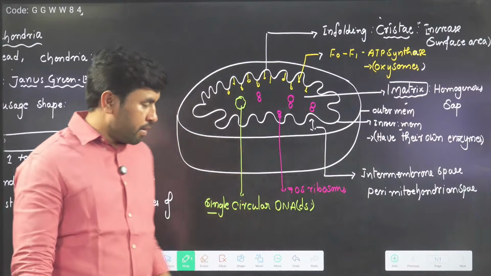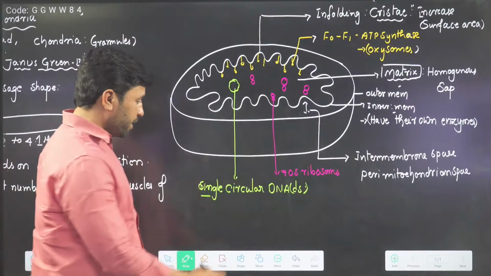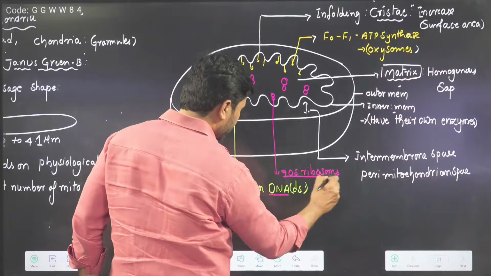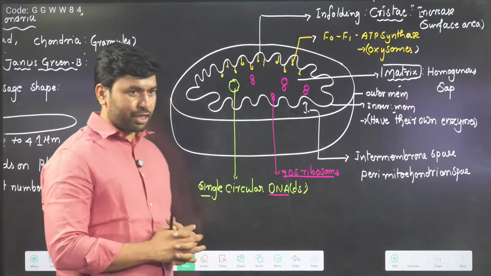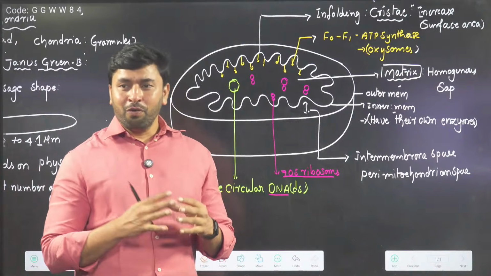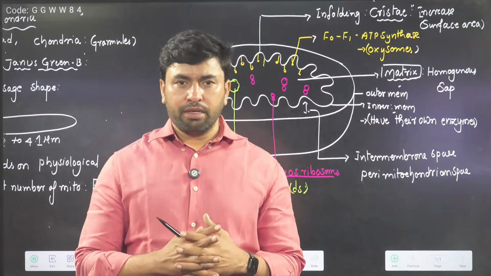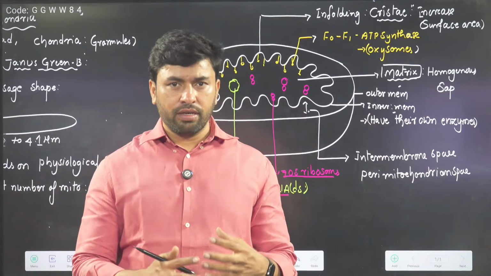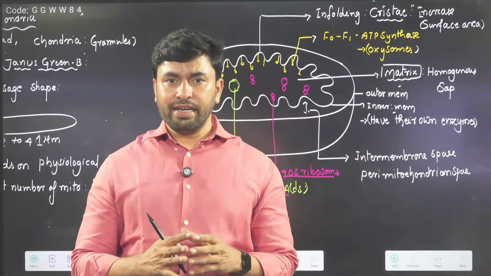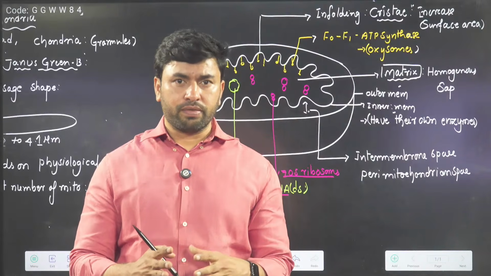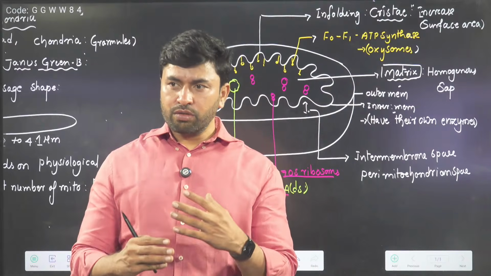Now, mitochondria has DNA and ribosomes, and they have a correlation. Wherever there is a DNA, it can generate mRNA by the process called transcription. mRNA can give proteins upon being translated on the top of ribosomes. So DNA gives RNA, RNA gives protein.